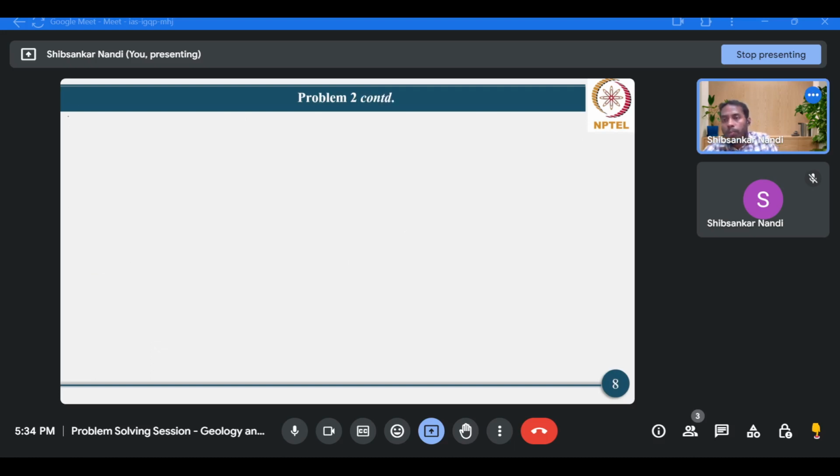So for question A, U percentage is 80. The corresponding time factor we can easily calculate from this equation, 1.781 minus 0.933 log of (100 minus 80). So it will be 0.567.